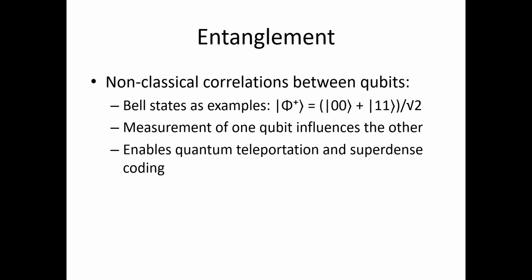If we measure one qubit in an entangled pair, you instantly gain information about the state of the other, no matter how far apart they are. This phenomenon is crucial for things like quantum teleportation and superdense coding, and underpins many advanced quantum algorithms.